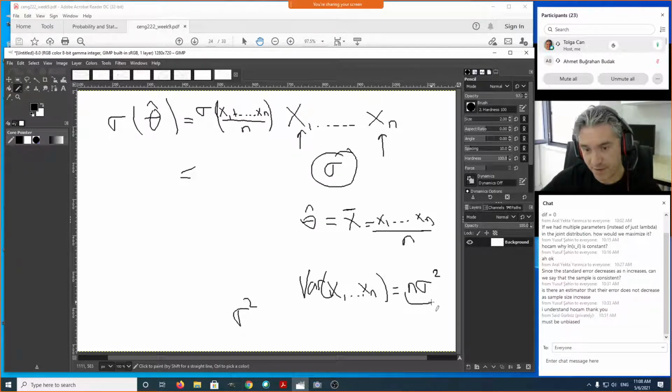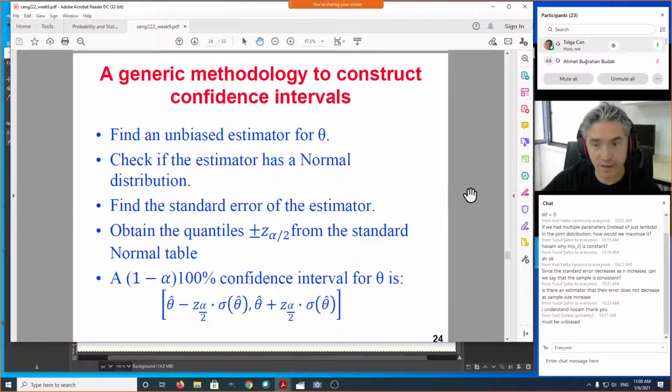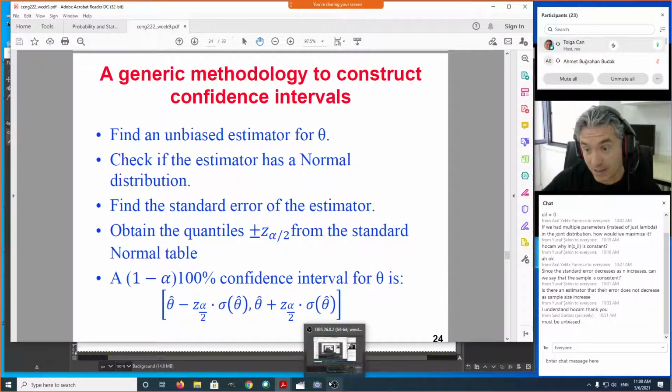So the variance of a summation of n random variables is n sigma square, if they're all independent from each other.